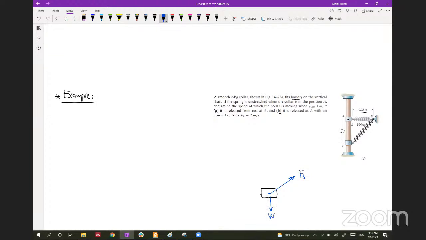When the spring pulls the collar, there will also be a normal force from the rod on the collar, which restrains the collar from going this way. This is the normal force direction.